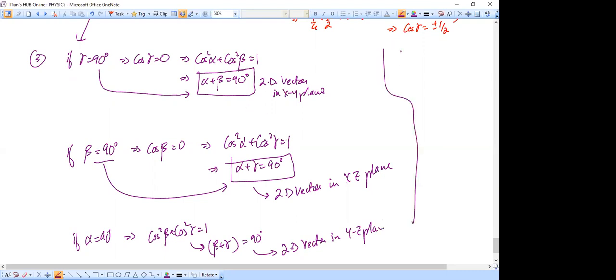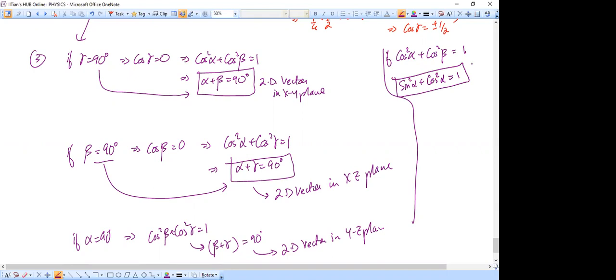See this condition: if cos square alpha plus cos square beta is 1, I compare this with sine square alpha plus cos square alpha, which is an identity.